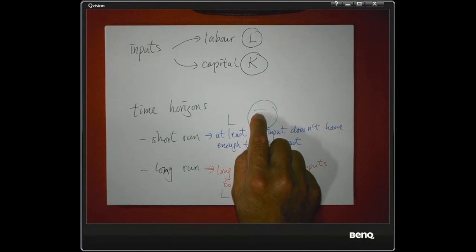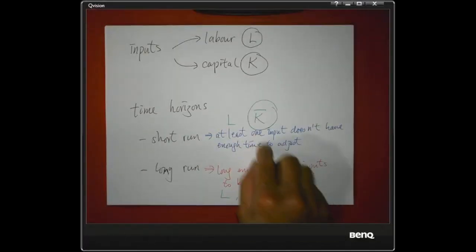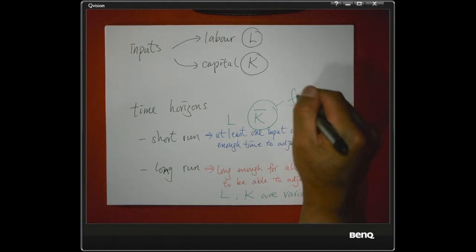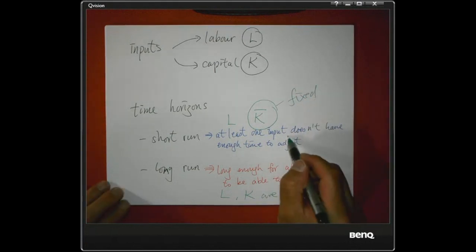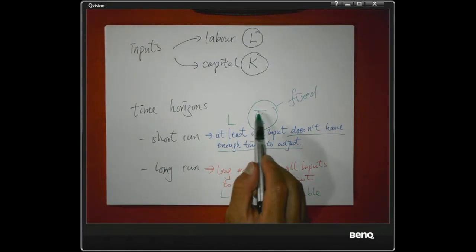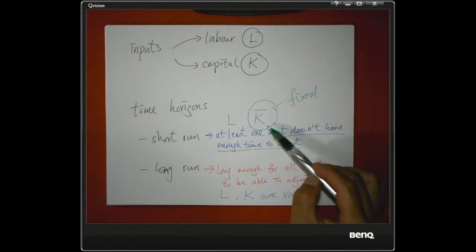The bar on top means it is fixed, because we don't have time to adjust. So we have to do with whatever we have. So the K bar, the bar on top, means this quantity is fixed.